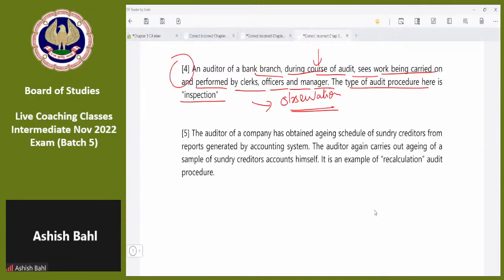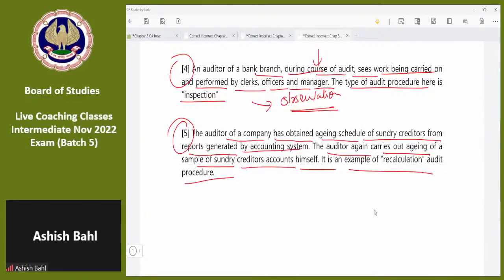Okay, so another is question 5. The auditor of a company has obtained an aging schedule of sundry creditors from reports generated by the accounting system. The auditor again carries out aging of a sample of sundry creditors himself. It is an example of recalculation or what? Question number 5.